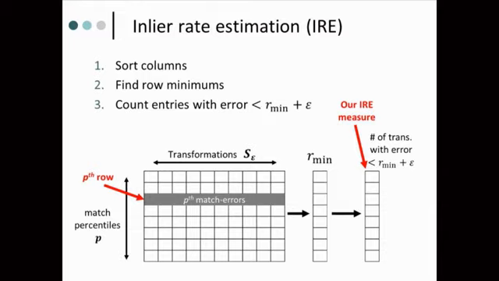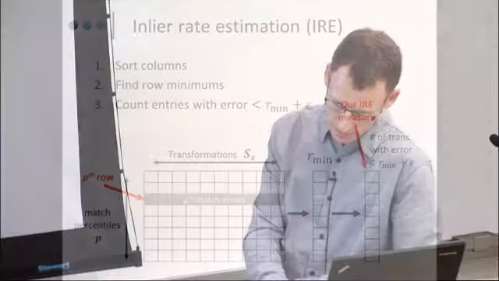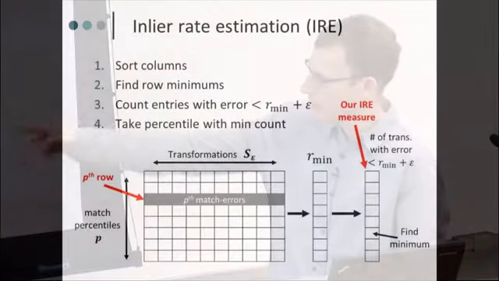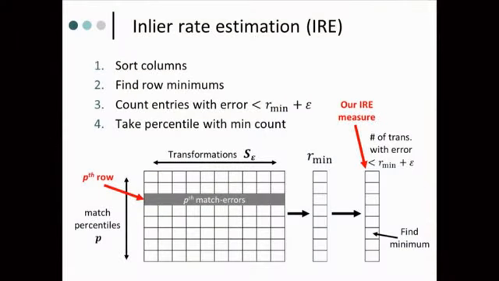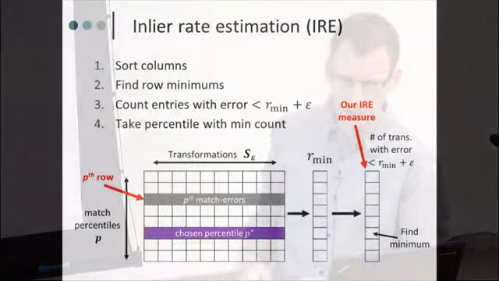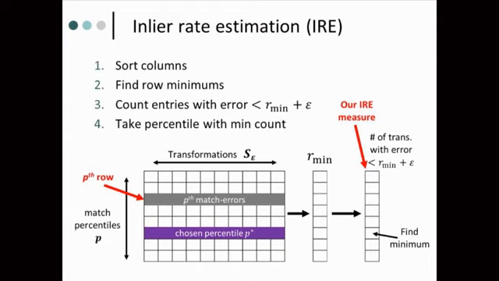So how many of the entries are at most epsilon larger than the minimal one we stored in rmin. And this is the IRE measure that I was talking about, that blue curve that we saw. And so we simply find the minimum of this vector, and the corresponding row is the percentile p star that we choose. Okay, so it's pretty simple.